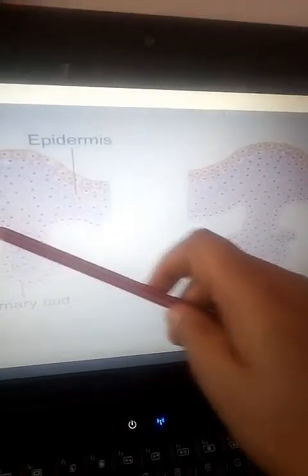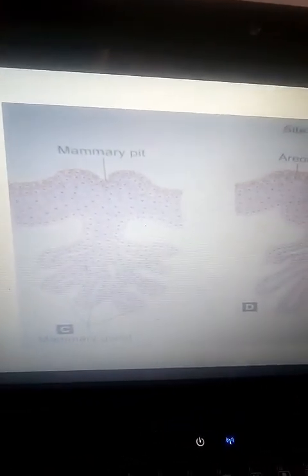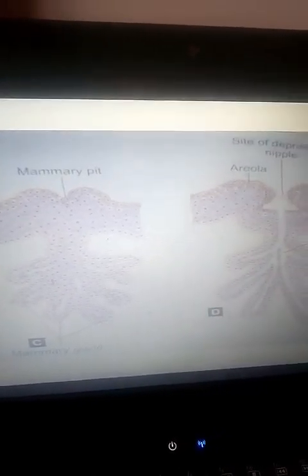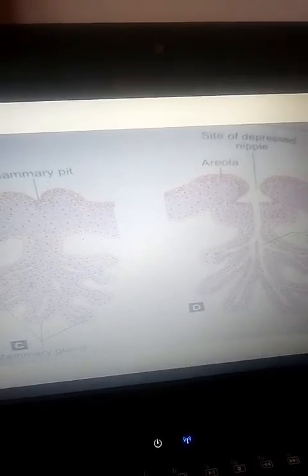Here you can see the epidermis become thick and it shows the primary bud. From the primary bud, secondary buds arise. They are first solid, then the central cells degenerate and they become canalized.